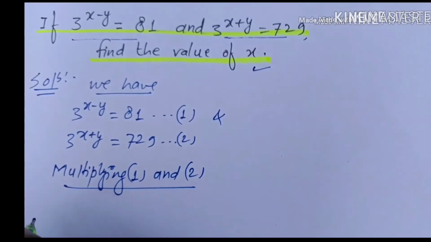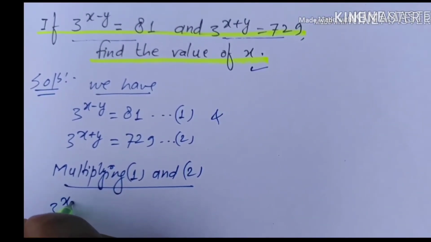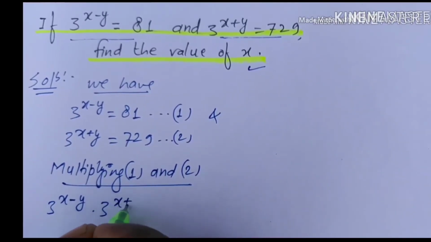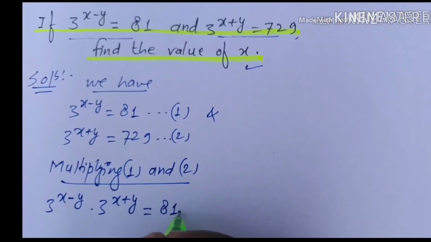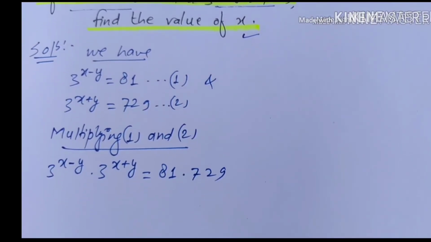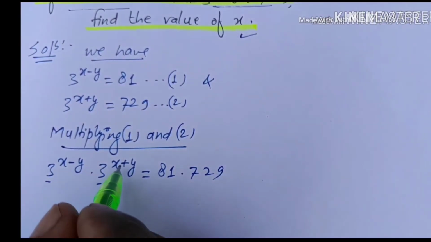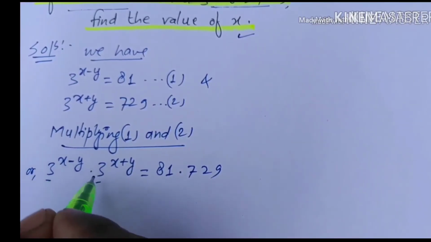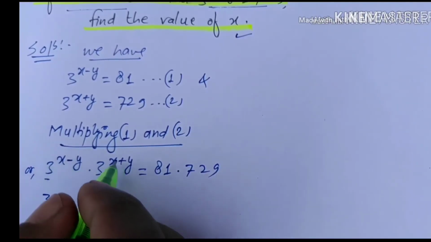If you do so, you will get 3 power x minus y times 3 power x plus y is equal to 81 times 729. But you can see this 3 power x minus y, 3 power x plus y, between these 3 and 3 can be taken as base or common, and their power can be added.